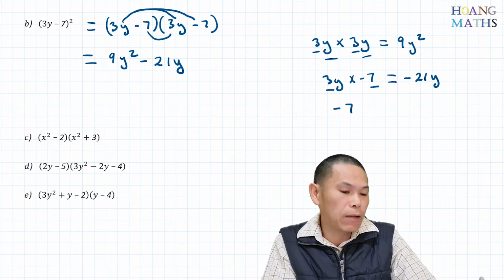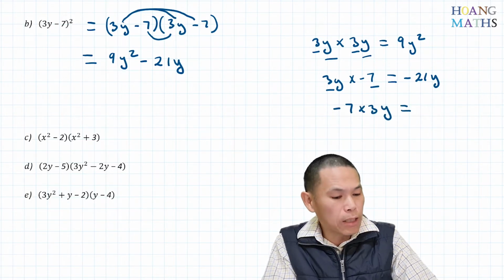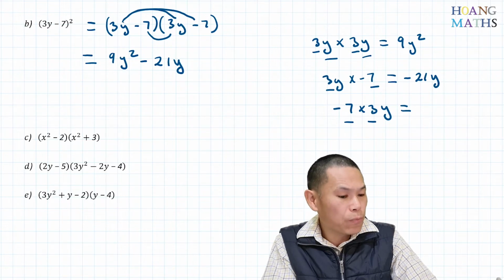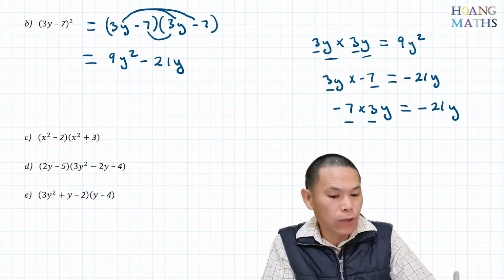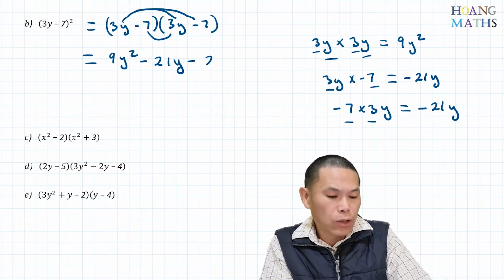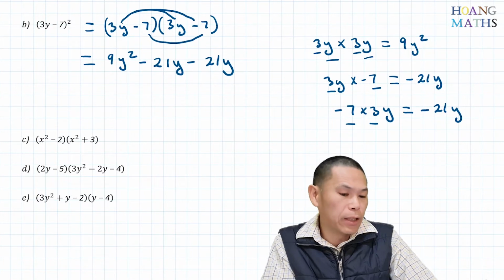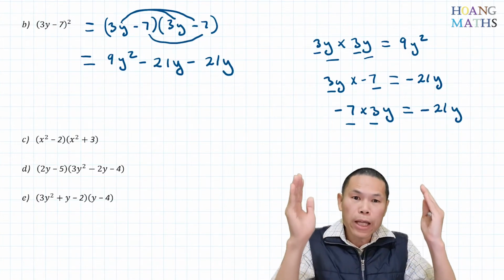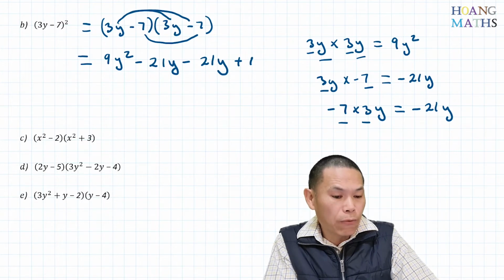Same rule applies. A positive and a negative give you a negative. And 7 times 3 is 21. And y, just write this down. So minus 21y. And now negative 7 times negative 7. Two negatives multiplied together give me a positive. And 7 times 7 is 49.